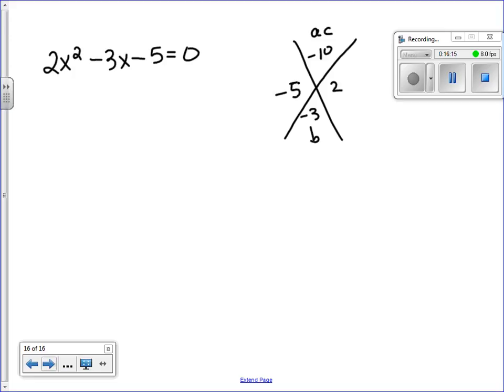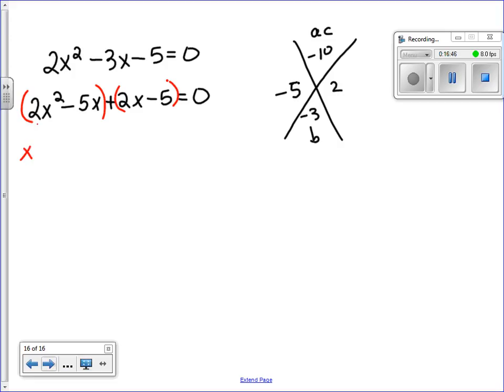I'm going to replace it with 2x squared minus 5x plus 2x minus 5. Alright, that's my next step. Separate. Anything come out of this front group?